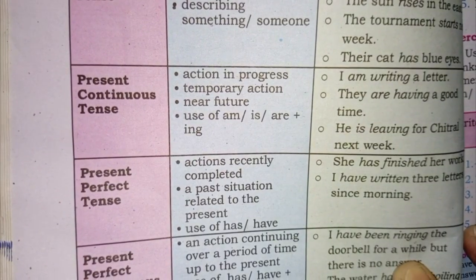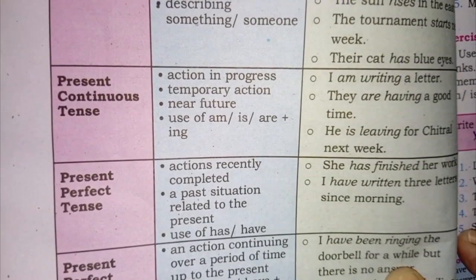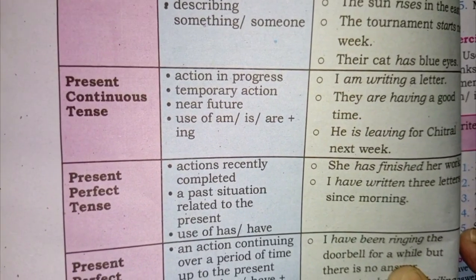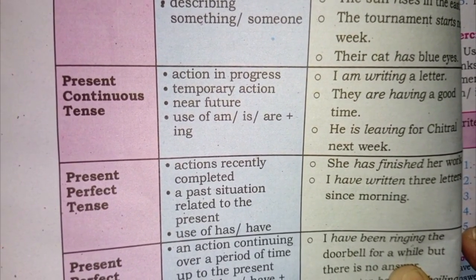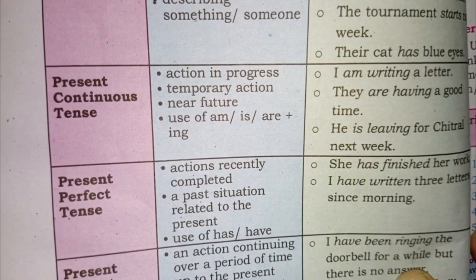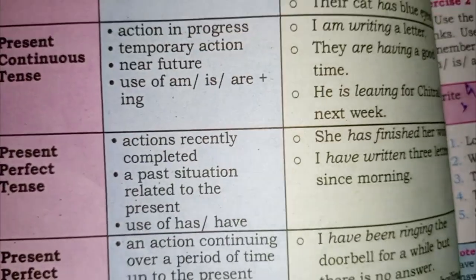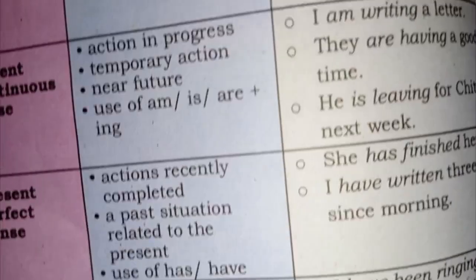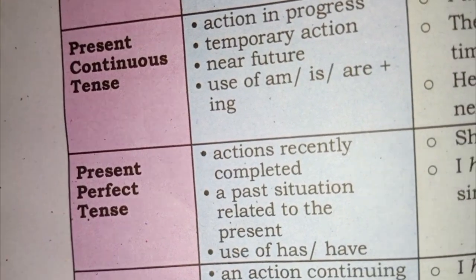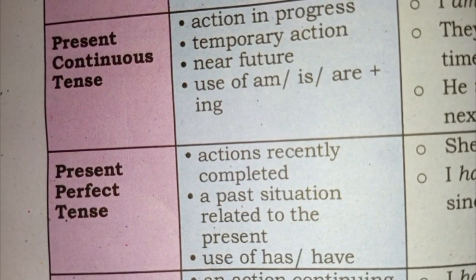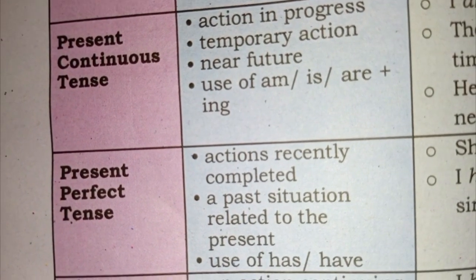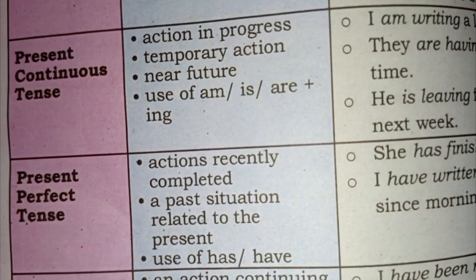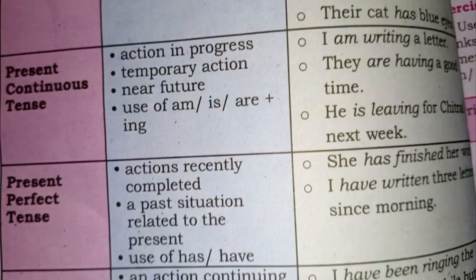The syntax is that you will use has or have in this tense, because has or have means finished or completed. So you will always use has or have and you will always use the third form of the verb in the present perfect tense. Perfect means completed, finished. So the third form is also used for finished actions, situations or habits.